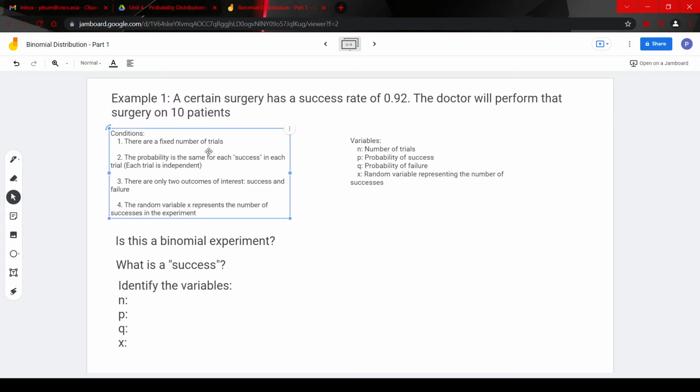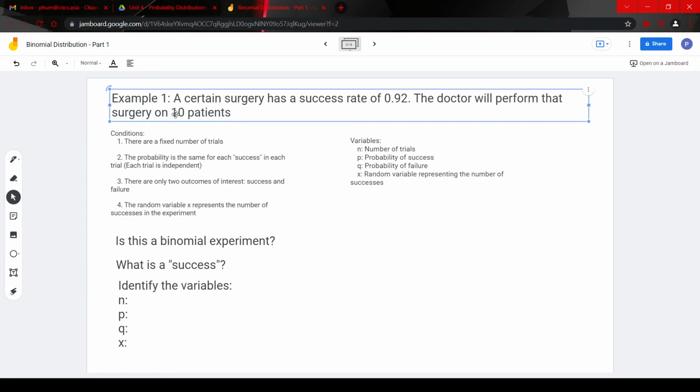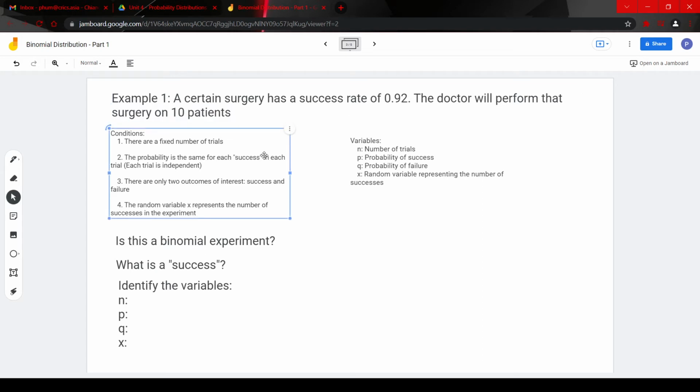In order to determine if it is binomial, we need to look at the 4 conditions. So the first condition, there are a fixed number of trials. In this case, there are, right? We have 10 patients, so that means that the number of trials will be 10.